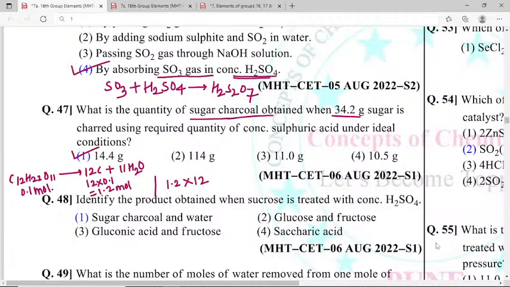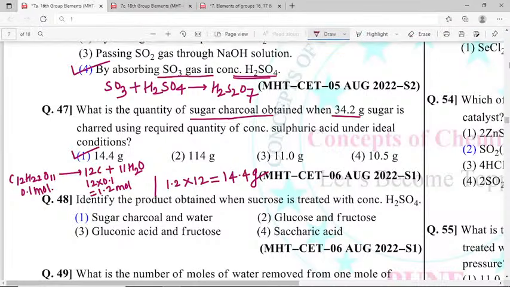What is the quantity of sugar charcoal obtained when 34.2 gram sugar is charred? 342 gram sugar is 1 mole, so 34.2 is 0.1 mole, giving 12C. 12 multiplied by 0.1 is 1.2 mole, and 1.2 mole multiplied by the molar mass of carbon, 12, is equal to 14.4 gram.